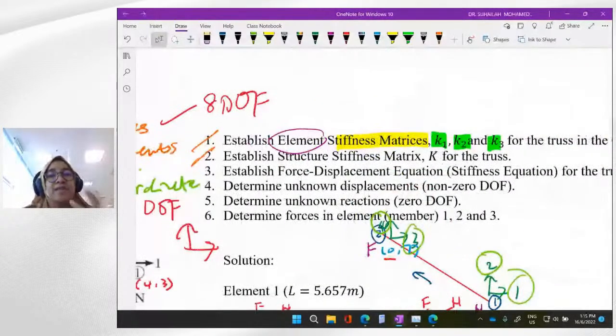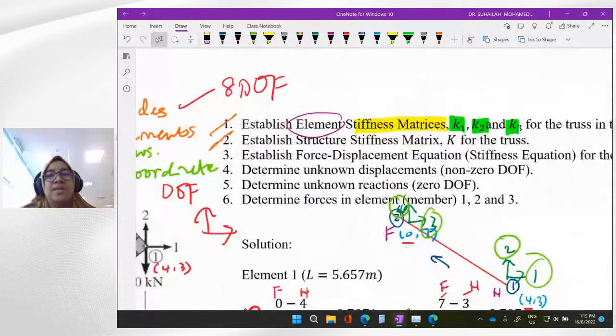And then in the next video session, I will cover 4, 5 and 6. 1, 2, 3 are already covered. Okay, 4, 5 and 6, because from the force displacement equation, we will solve output number 1, which is displacement.